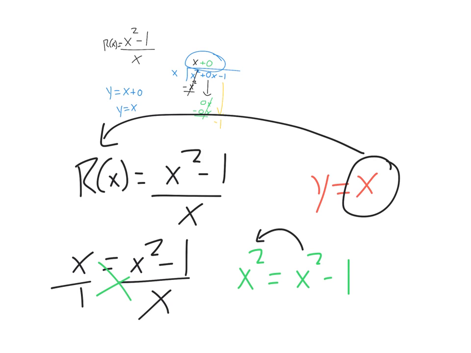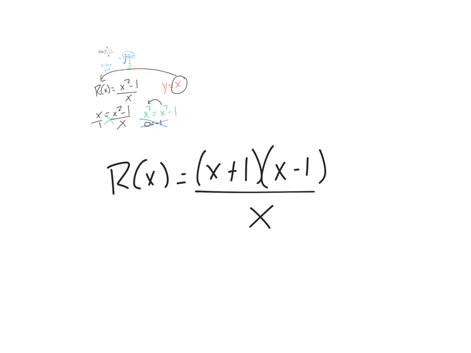That'll give me x squared minus x squared, which is 0 equals negative 1. That's nonsense, right? It's a false statement. So that means that it does not cross our oblique asymptote. So I found my answer. It is no, it does not cross it.